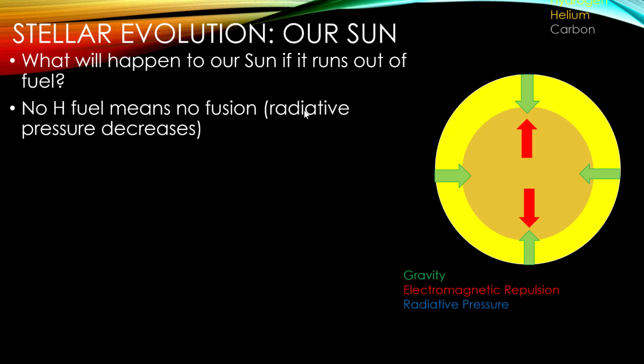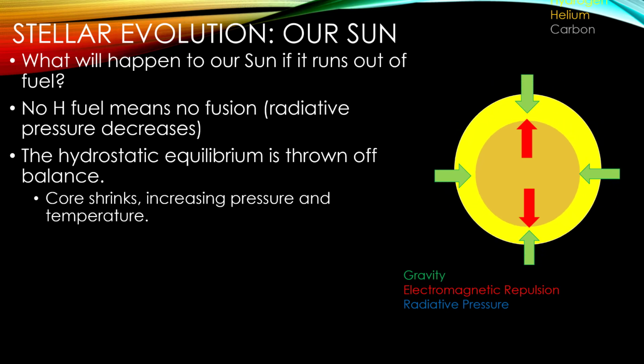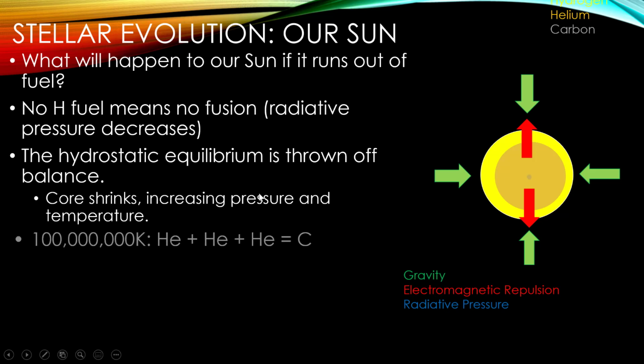So our forces are now unbalanced, just like that teeter-totter, hydrostatic equilibrium is thrown off, and the core is going to shrink. When things compress, the temperatures rise and pressure increases, and we will reach a point where we hit 100 million degrees Kelvin. That helium that has been building up inside the core will begin to ignite in something called the triple alpha process.